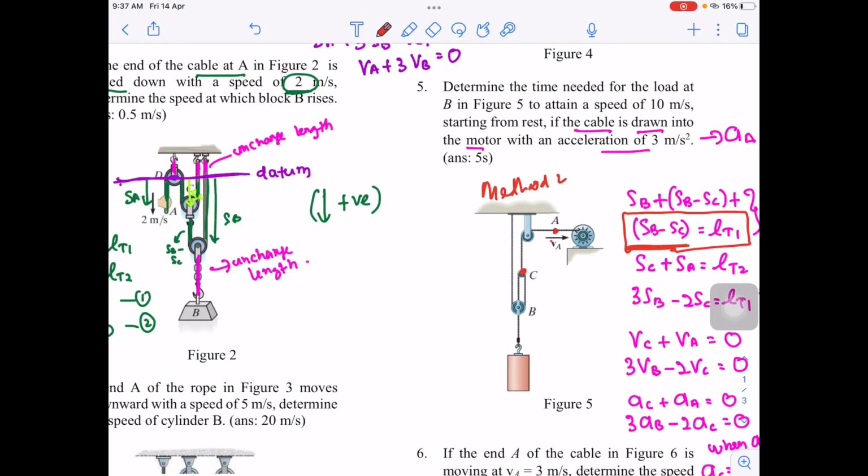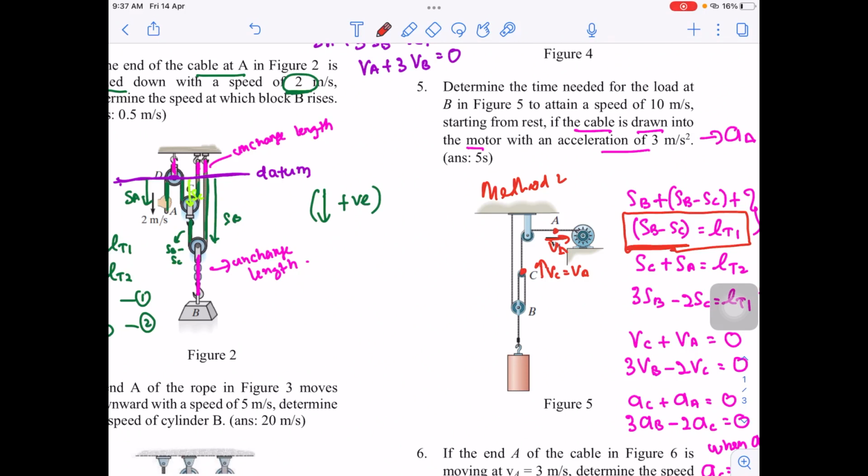Kalau kat sini VA, dekat sini juga VC. Sama dengan VA. Betul? Kalau tali tu tarik ke kanan sebanyak 5 meter per second, C akan naik ke atas sebanyak 5 meter per second. Sama juga sebab dia tali yang sama, satu tali pula tu, cuma direction saja yang berbeza.